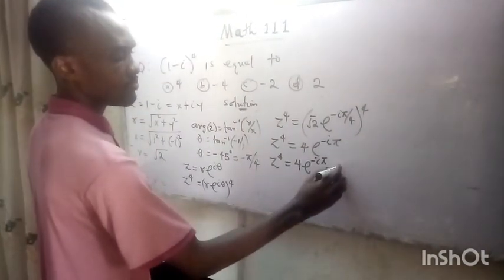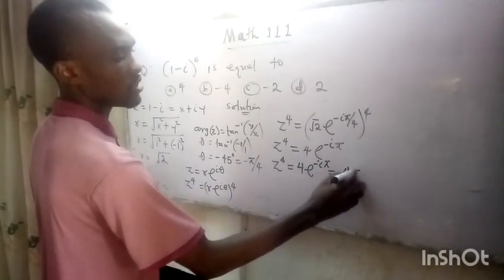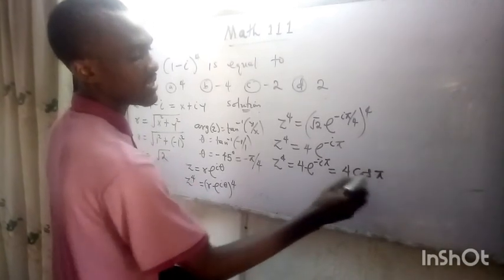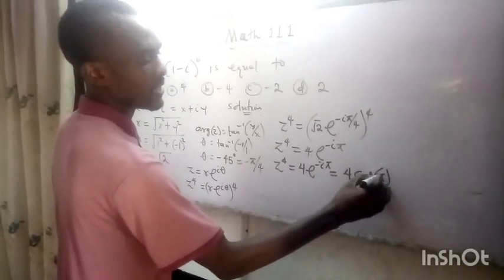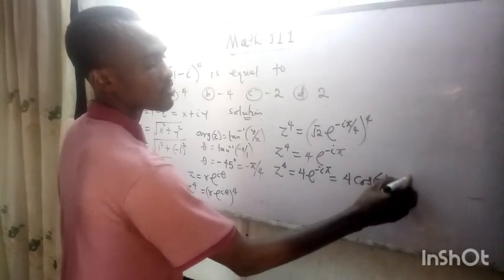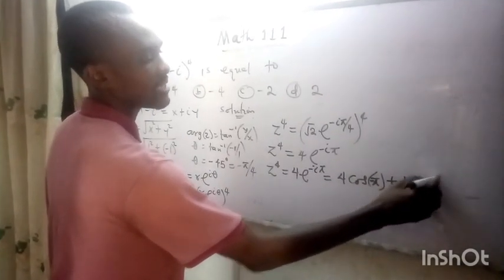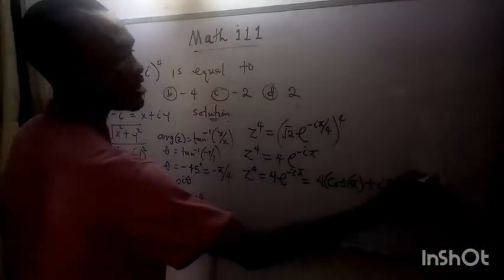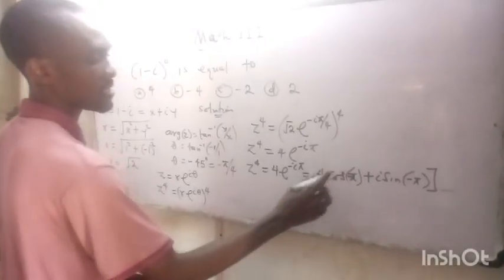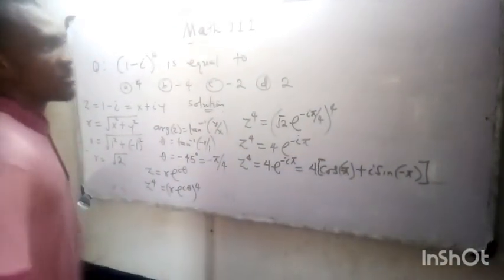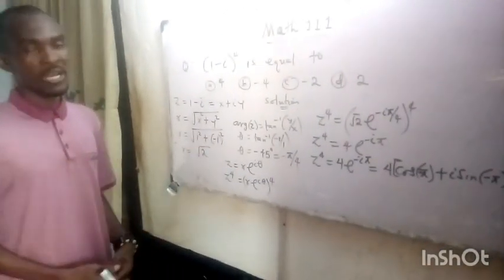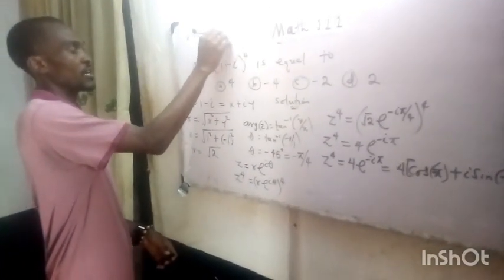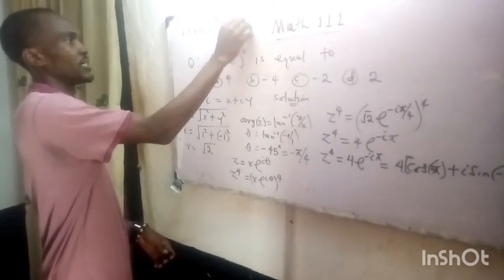Which is now going to be written as 4 into bracket cos minus pi plus i sine minus pi. Remember your polar representation, which is r into cos theta plus i sine theta.